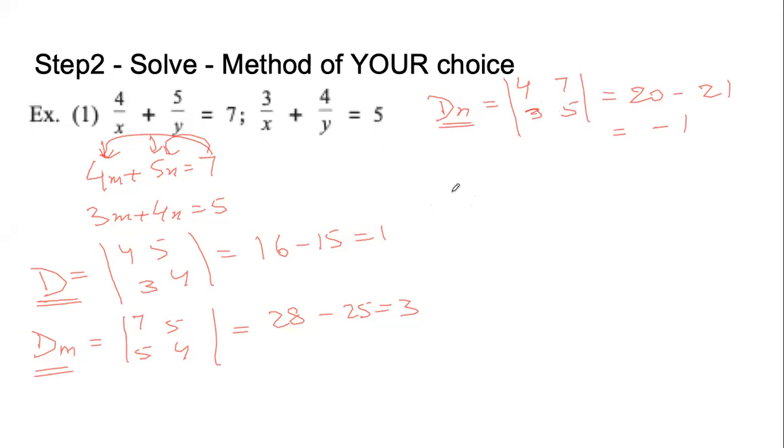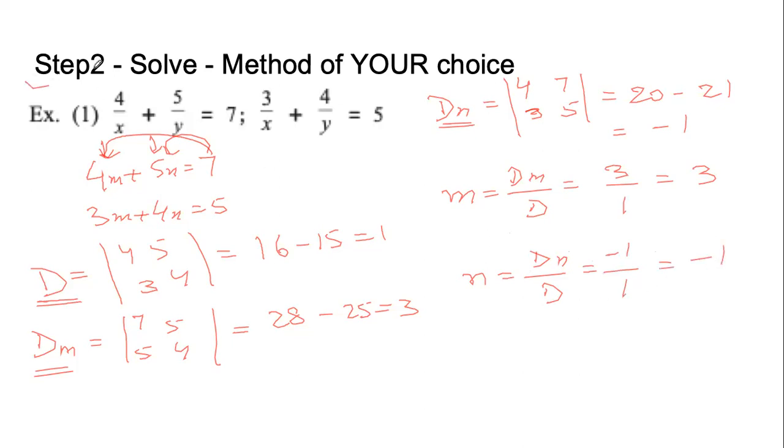The last step in solving is m equals Dm by D. Dm is 3. D is 1. So m is equal to 3. n is Dn by D. Dn is minus 1, D is 1, so this becomes minus 1.